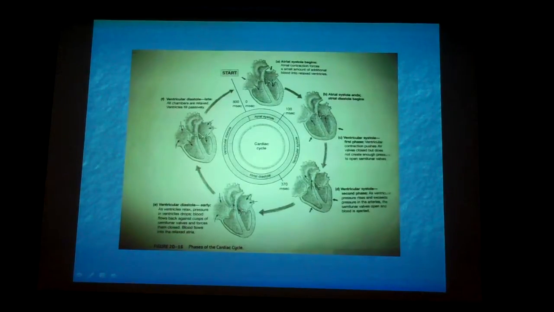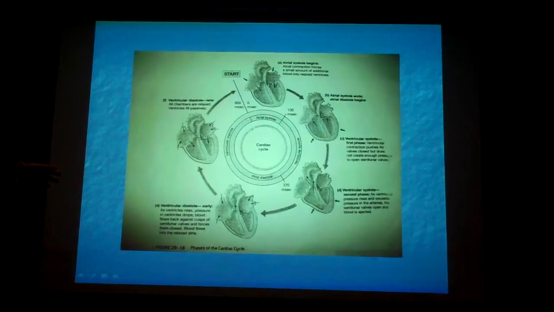To orient us, this inner circle represents both what's happening in the atria and what's happening in the ventricles, as I'll explain. These figures represent which way blood is flowing and what's happening to the atrial and ventricular muscle as you go through. But let's start right up here at 0 milliseconds.